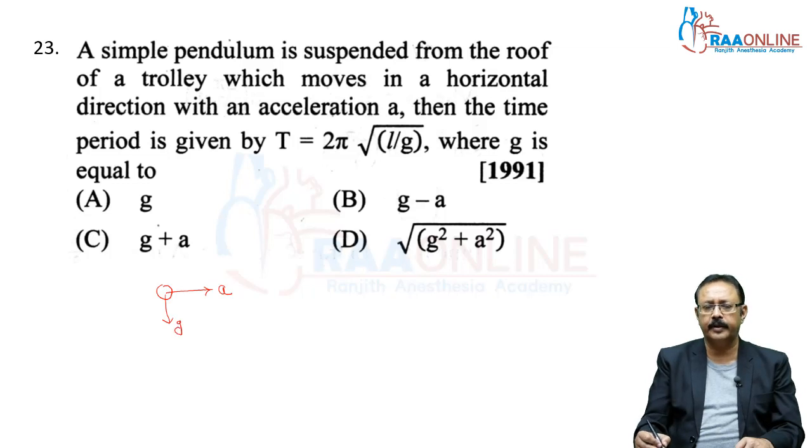Both are vector quantities, so resultant should be root of A square plus G square. We know the vector addition, so G will be replaced by root of A square plus G square. So we will go with D option.